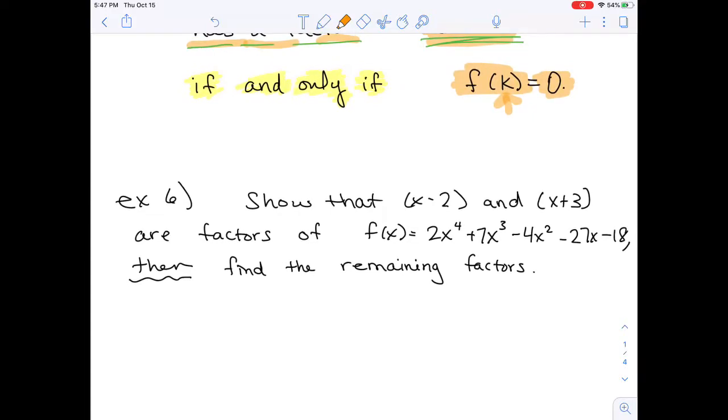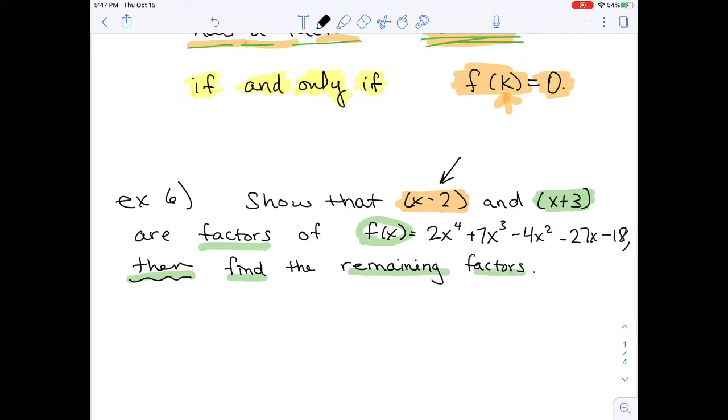So if I want to show that x minus 2 and x plus 3 are factors of f of x, then we're going to find the remaining factors. Here's what we're going to do first.